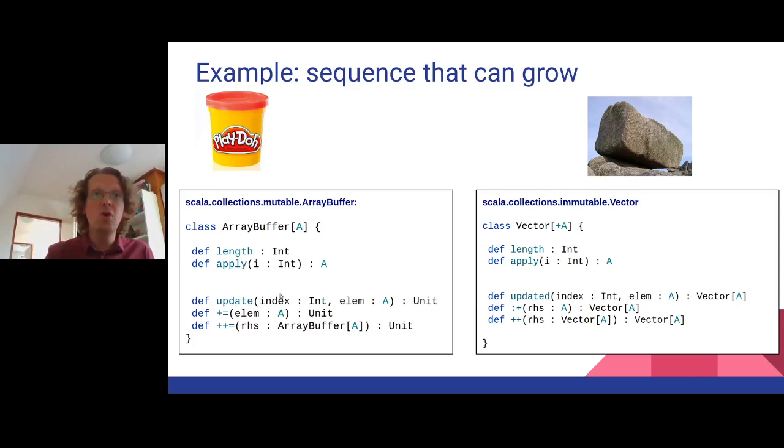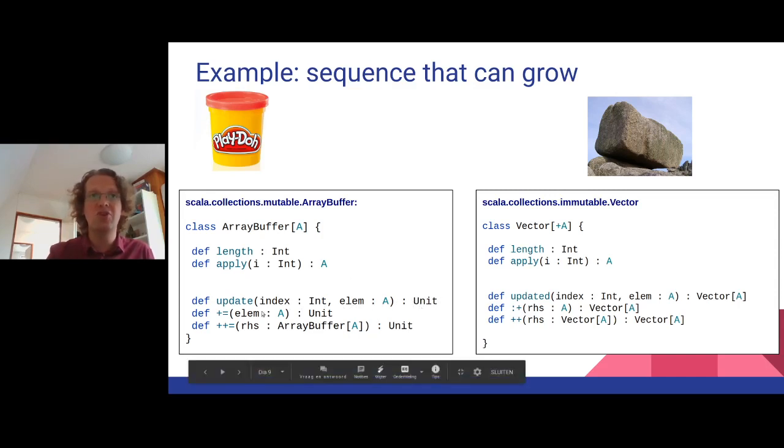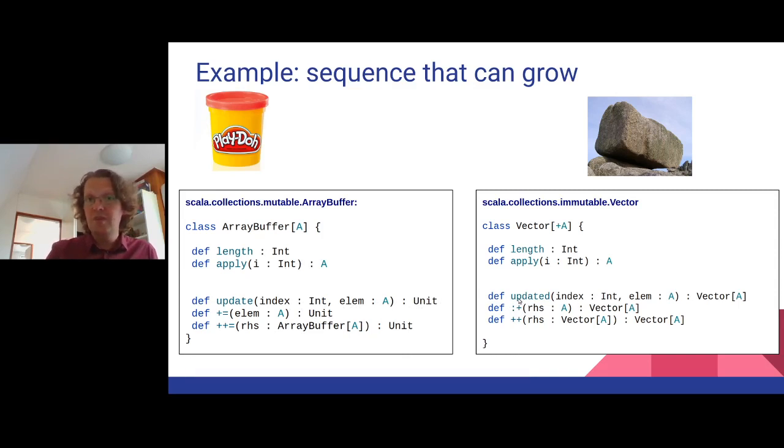In the case of the mutable sequence that can grow, I can also update an element. I can say update the element at index i with this new element, and this is going to return unit, so it's going to change this ArrayBuffer in place. For the Vector, you can ask for the updated version, which means changing the element at index i to element a, which will give me a new Vector.